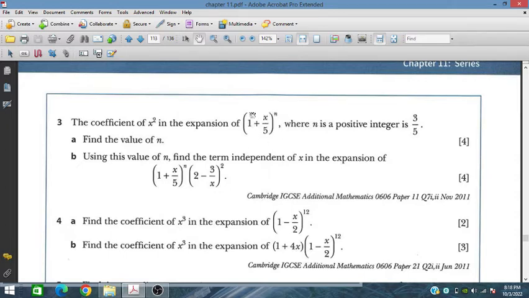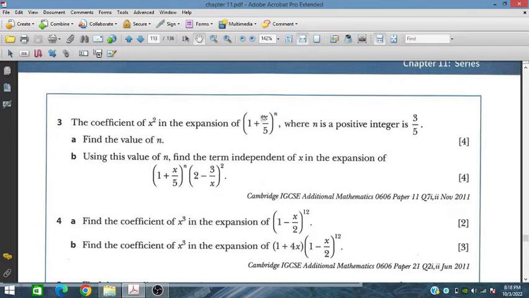When we expand this, the coefficient of x square will be 3 by 5, and we have to find the value of n. And in part B, using this value of n, find the term independent of x.